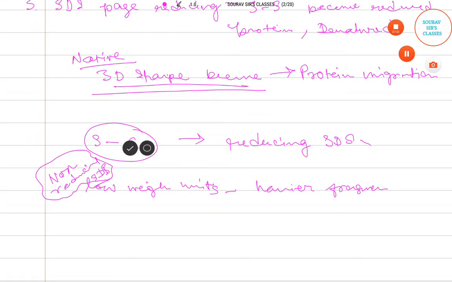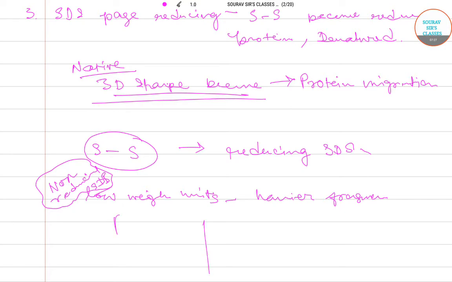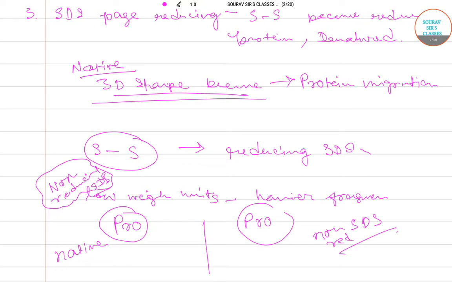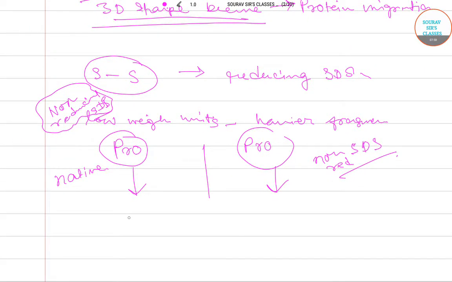Now if we run the same protein on the native gel and on non-reducing SDS, in the native gel we get a heavier protein, or the heavier fragments of the protein, or we can get a lighter protein fragment in non-reducing SDS.